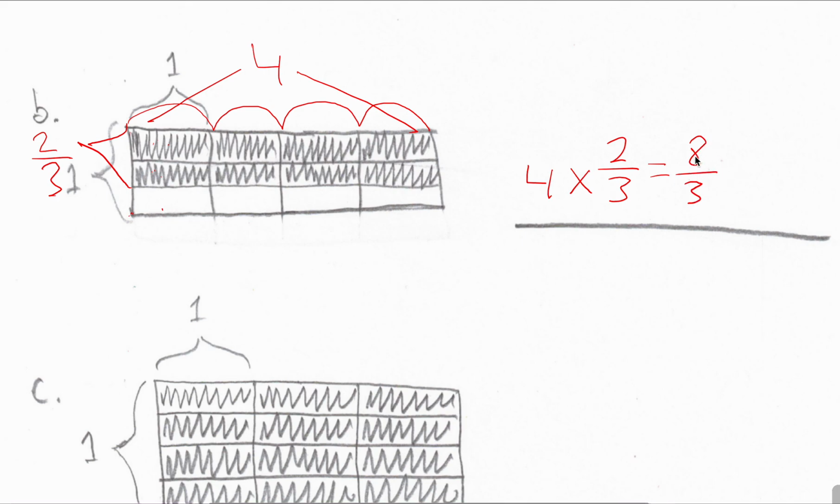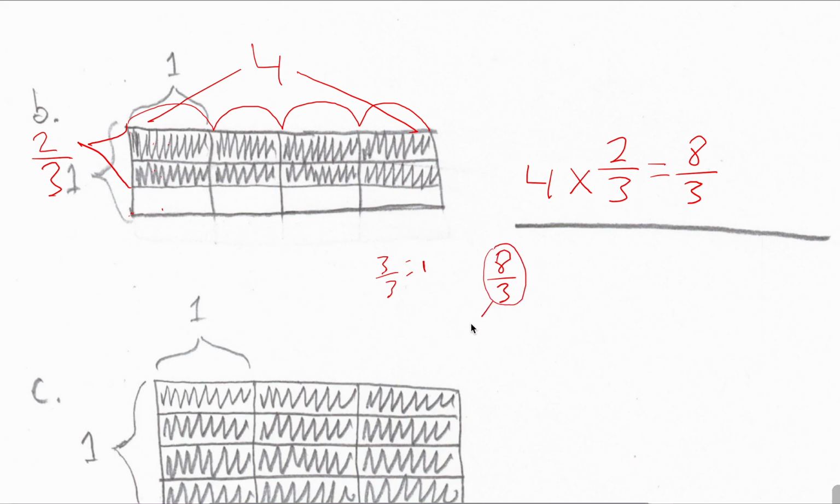And we can go further than that, and we can convert this improper fraction into a mixed number by understanding that 8/3 is a fraction that is more than a whole. So how many wholes do we have there? I know that every 3/3 equals one whole. So how many groups of 3/3 can I take out of here? Well, I can break up 8/3. Let's make a number bond.